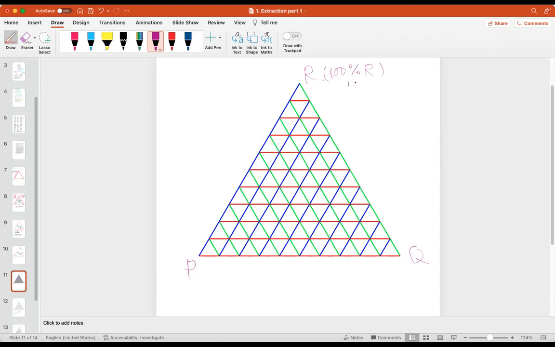This line tells you 0% R, this line tells you 10% R, 20%, 30%, 40, 50, 60, 70, 80, 90, and then 100% R.